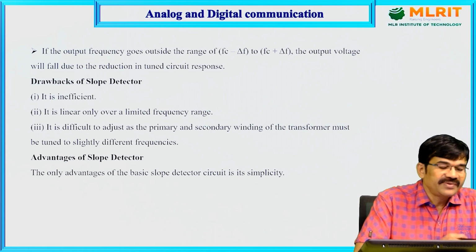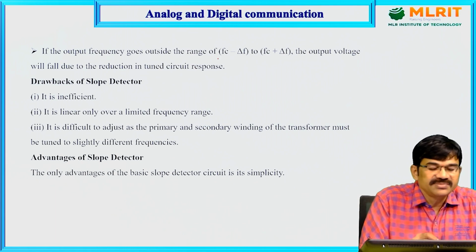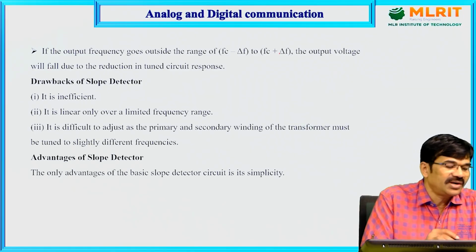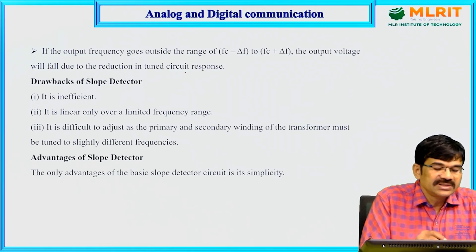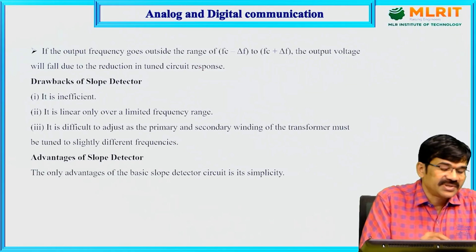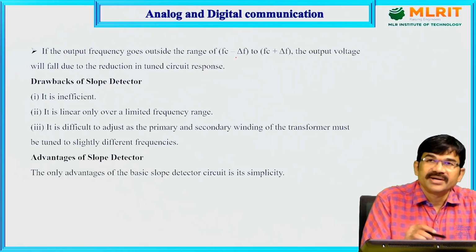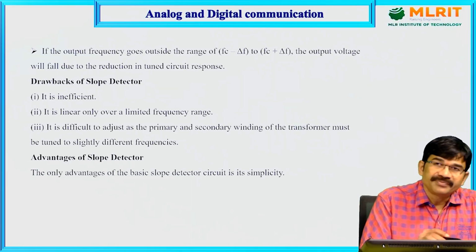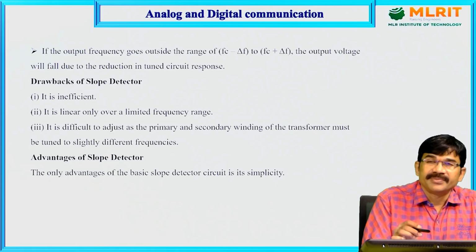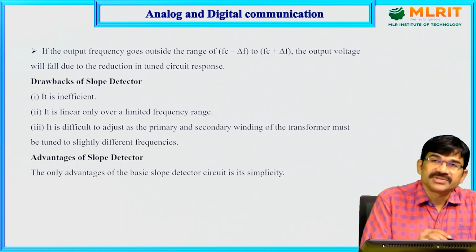If the frequency goes outside the range FC minus del F to FC plus del F, the output voltage will fall due to the reduction in the tuned circuit response. So we are not recommending the non-linear range for extraction of the original information signal.